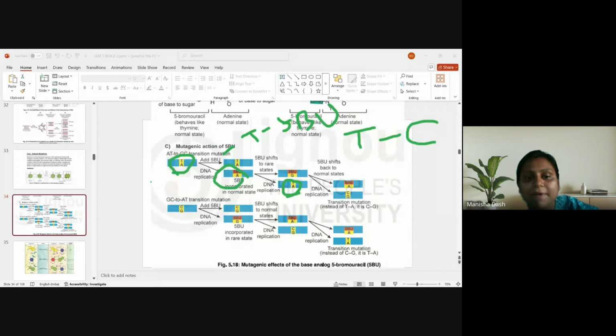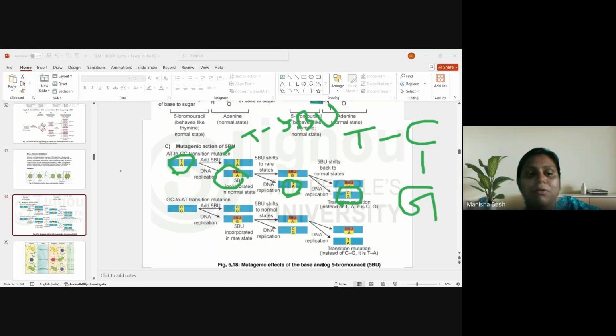In the cytosine form, it will bind to guanine only. So now the 5-bromouracil in the rare form has bound to the guanine. But this guanine has no problem because it is in the normal form, so it will have a tendency to bind with the normal cytosine.